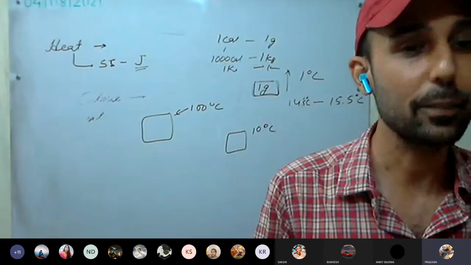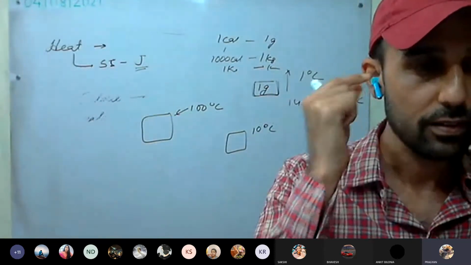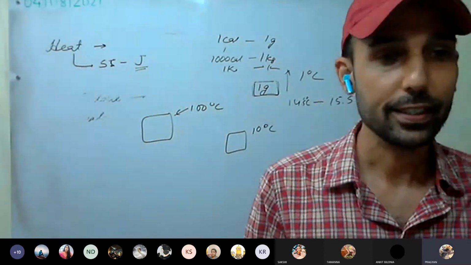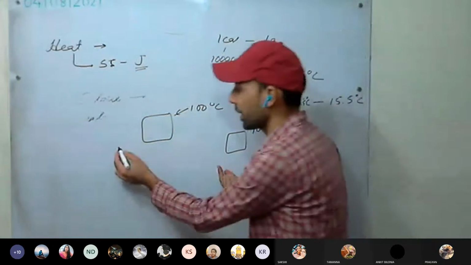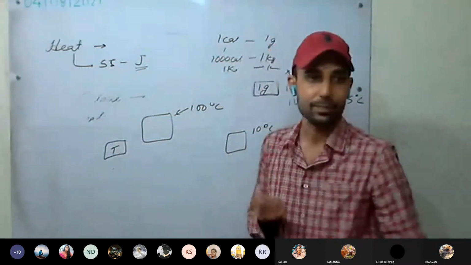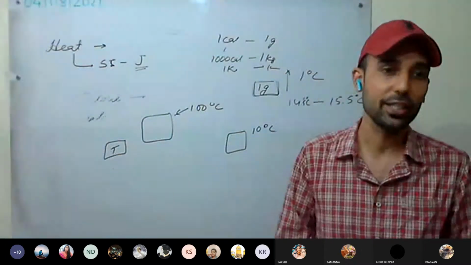So temperature tells us the thermal state. Does heat transfer depend upon the temperature or the heat contained? We'll discuss that afterwards. First, we'll discuss the temperature. Heat transfer depends on temperature. When the temperature is the same, there is no more heat transfer.